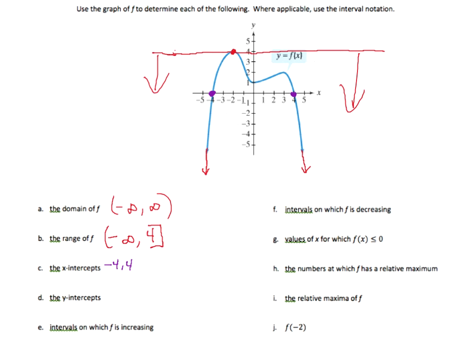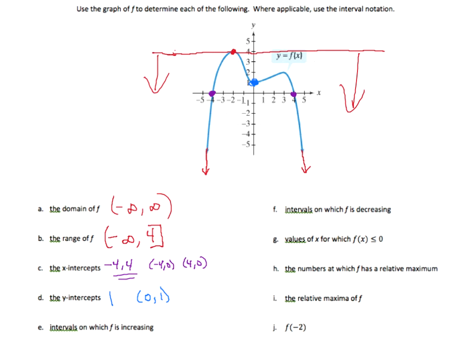All right, let me clear off. Actually, I don't need to clear off our graph for these next couple. I can keep on with this same picture. Okay, x-intercepts. I have one here at negative 4 and one here at positive 4. So x-intercepts are negative 4 and 4. Those correspond to the points negative 4, 0 and 4, 0.